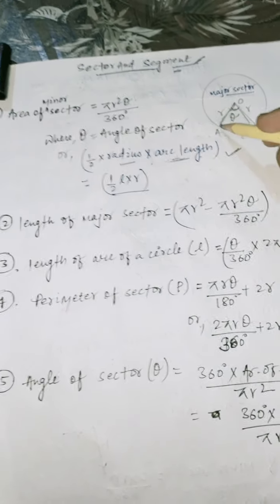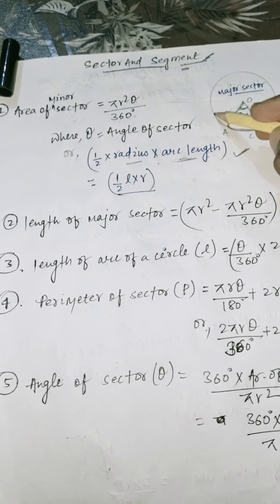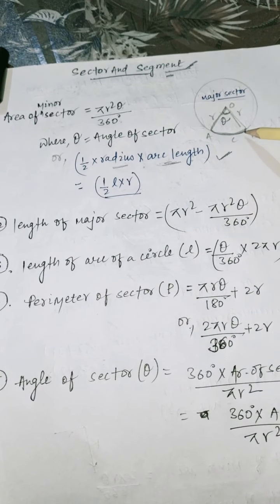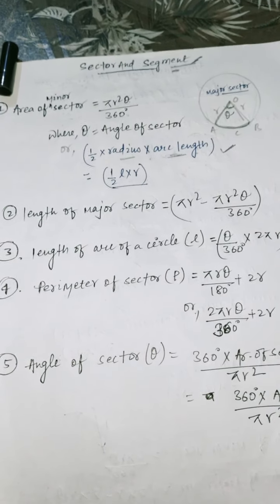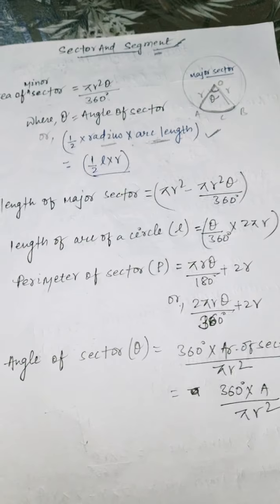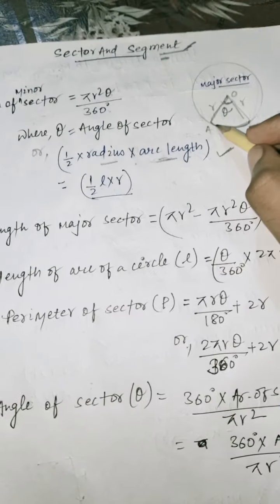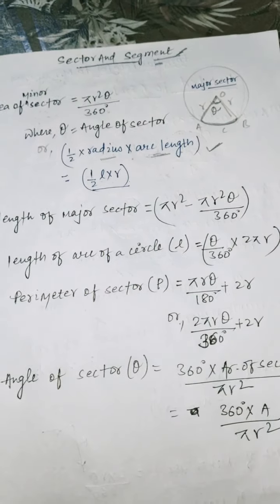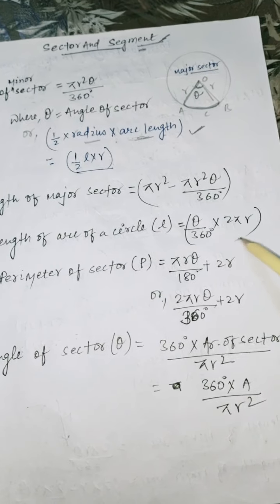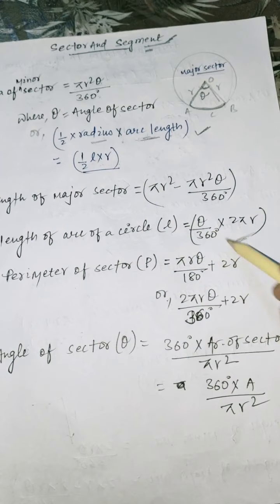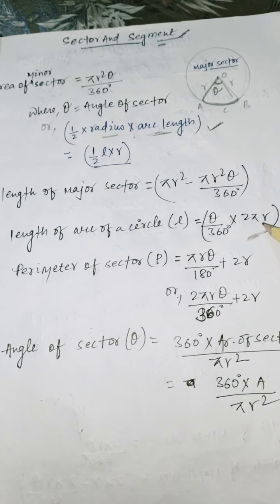If we are given the circumference of a circle, then for calculating the arc length of the minor sector, we can apply theta by 360 degree into 2 pi r.